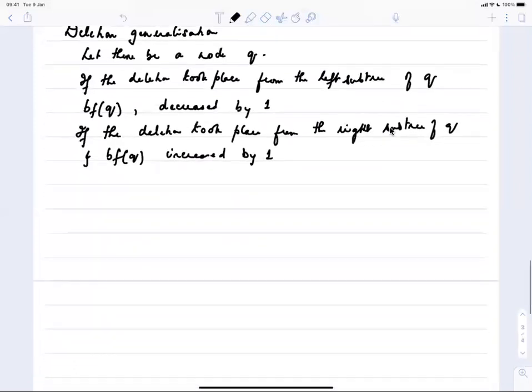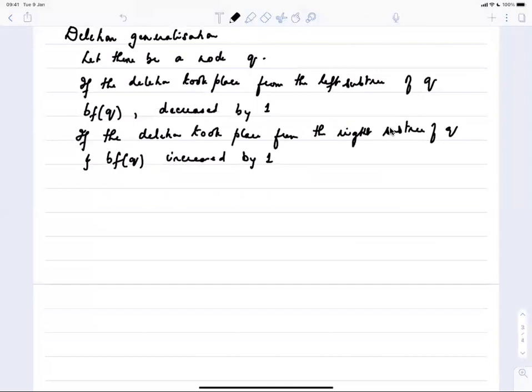Then we have the following observations. The following properties hold, and depending upon this, we have to see what we need to do.